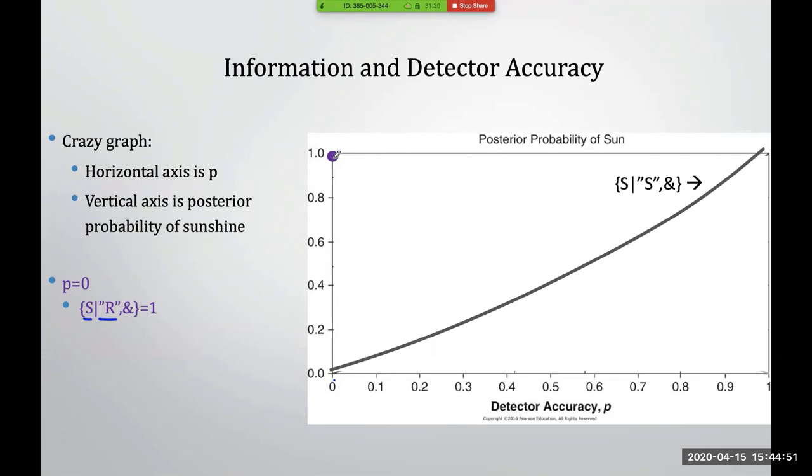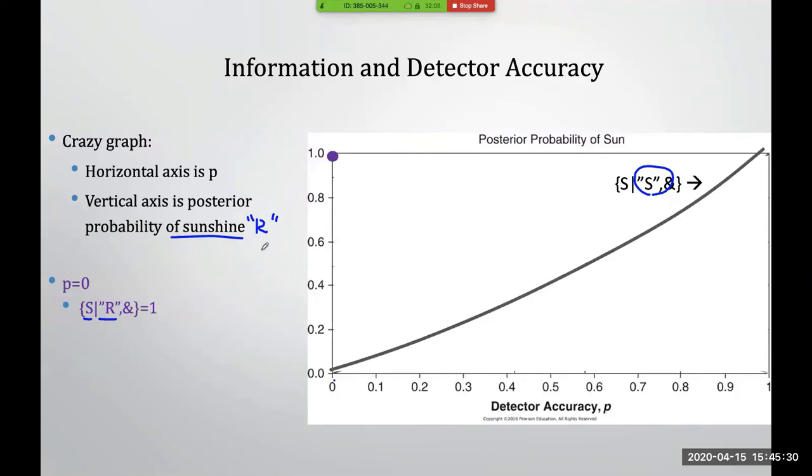Again, this vertical axis represents the posterior probability of sunshine, or of a sunny day. But now we're looking at the posterior probability of a sunny day given a rainy day message. What we've seen before in this dark curve is the posterior of sunny day when the message is sunny. What we're going to see now is the posterior probability of sunshine given the message is rainy day.